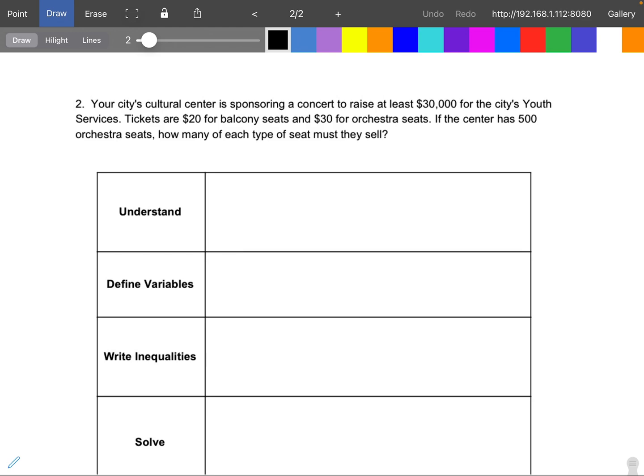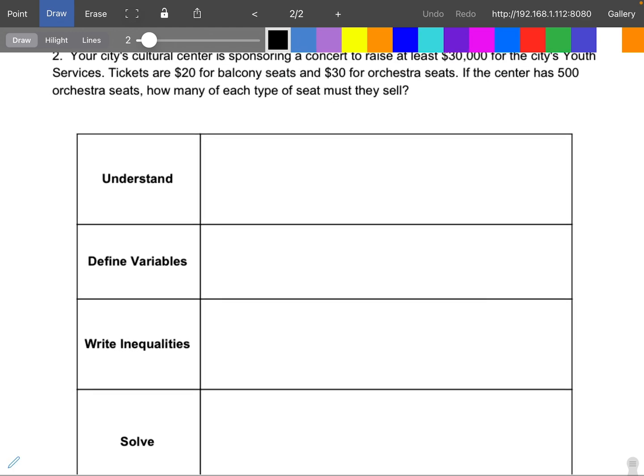Okay, so we have two kinds of seats. That means we need two variables. So you could use B and O for balcony and orchestra. I would probably caution against using O, though, because it's going to look like a 0. So I'm going to default to X and Y again. So X is going to be balcony, and Y is going to be orchestra.